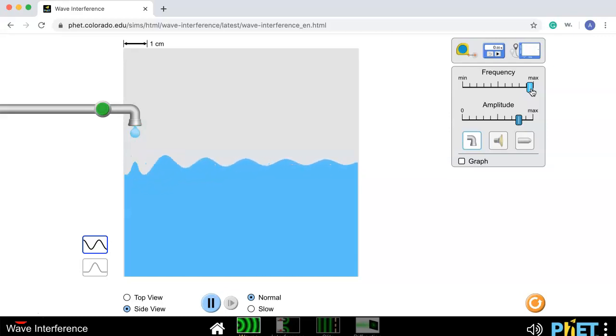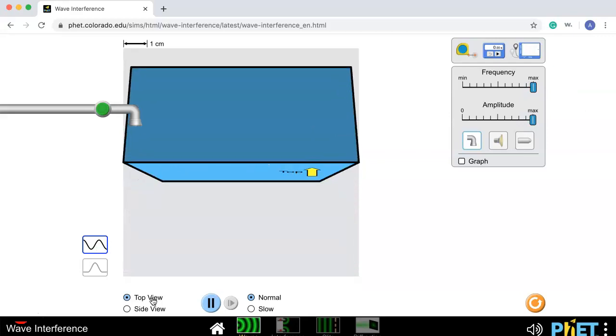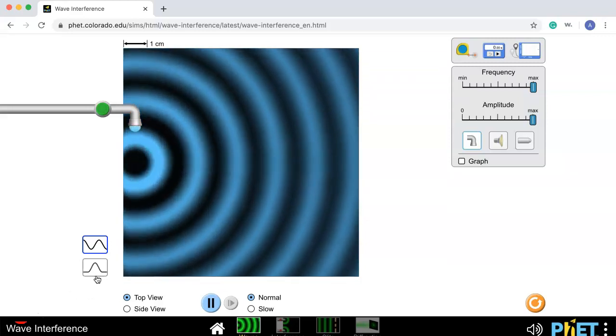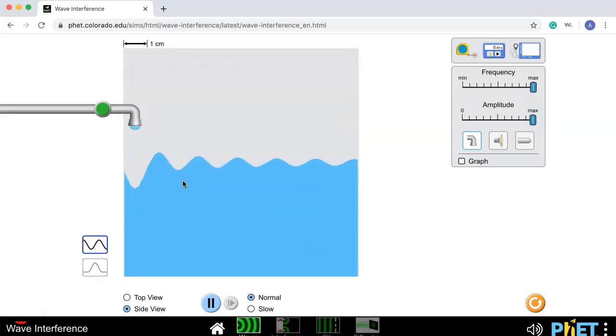Because the speed is constant, lambda times f is the speed, so lambda goes down if you increase the frequency. Can make the amplitude a bit bigger. Can go back to the top view and you see the wavelength is shorter. These wavefronts are closer together. Lambda is basically the distance between the wavefronts. From the side view, it's going to be the distance between these peaks.